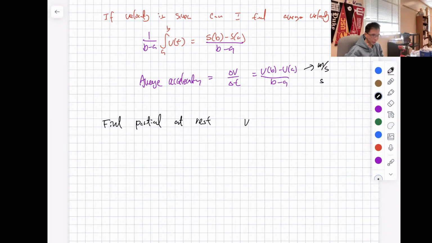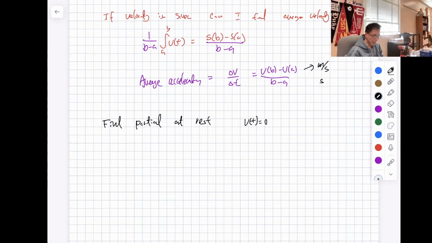Understand, particle at rest is not t equal to 0. If I give a position function, then you have to take a derivative and set it equal to 0. If I give you a velocity equation, just set it equal to 0. Do you see the difference? Okay, the particle at rest is v of t equal to 0.